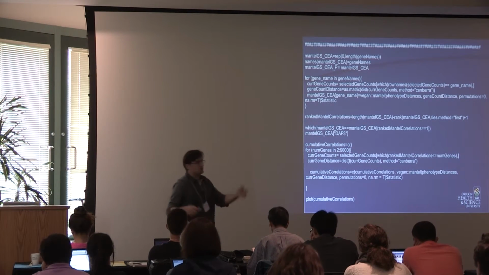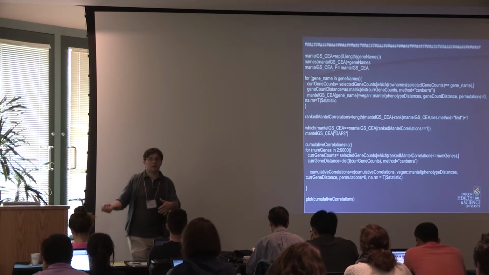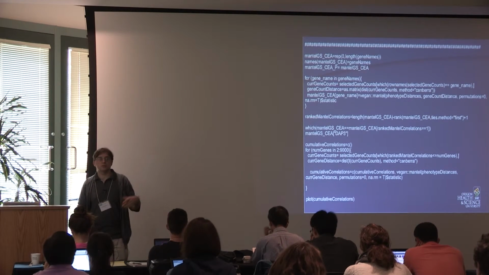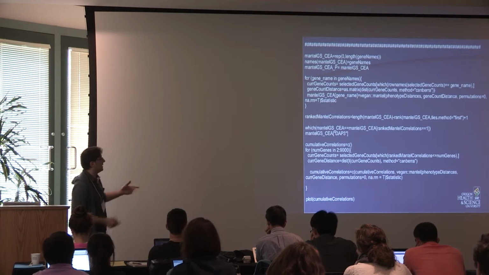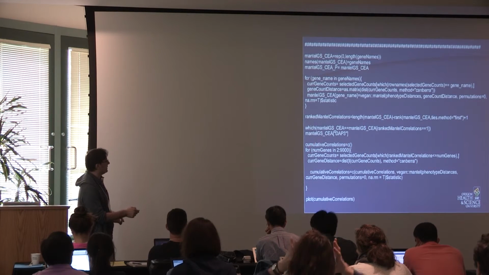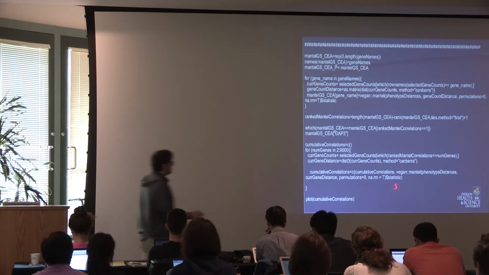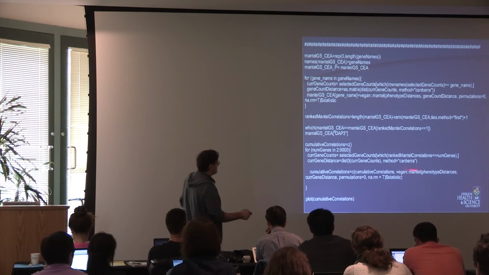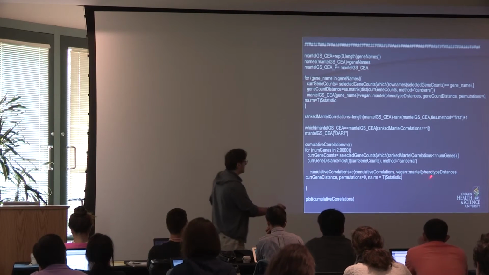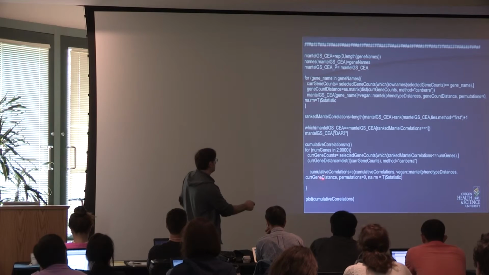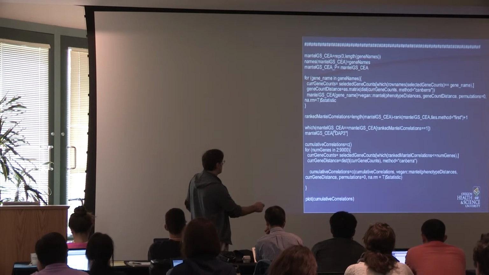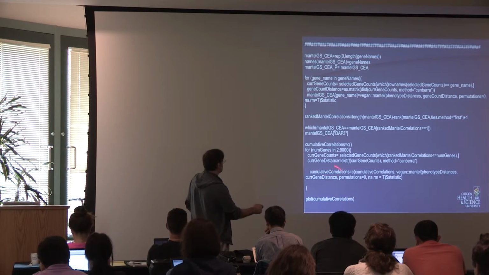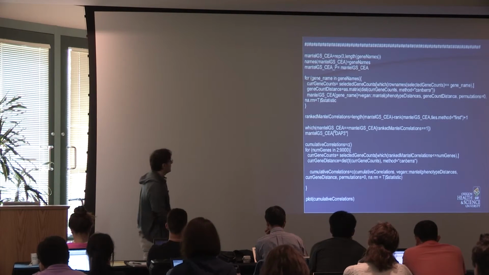Remember, we take the first matrix, which is the most significant. Then we find the second, rank 2, and we add it. That's where I store all of that. Then I use the vegan Mantel command: you correlate the phenotype distances with the current gene distance, and then you add it to the cumulative correlations.